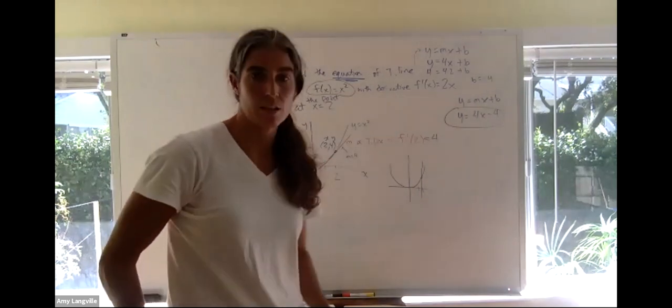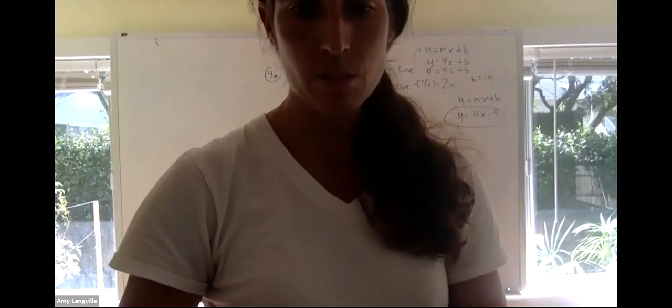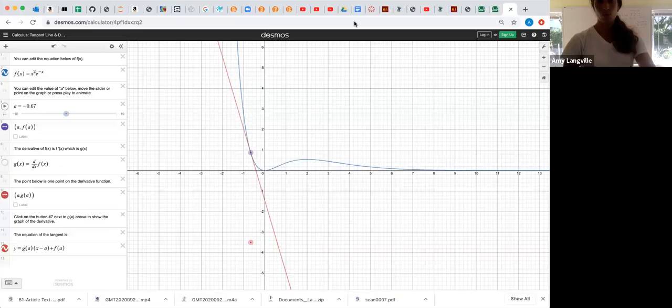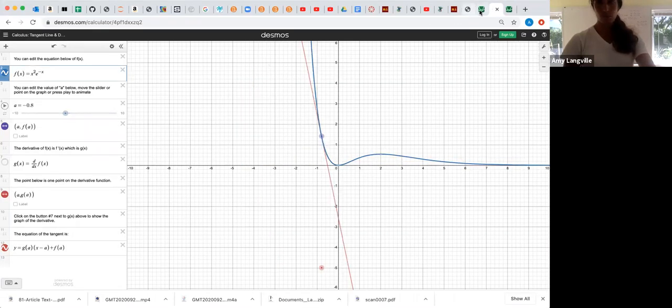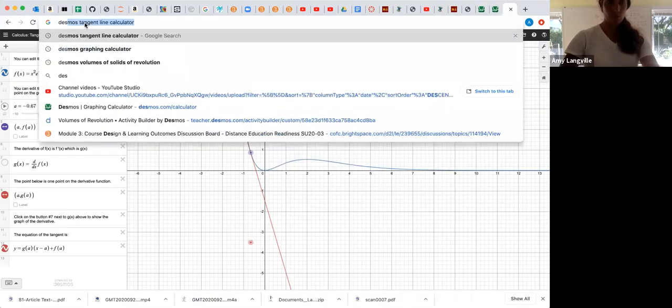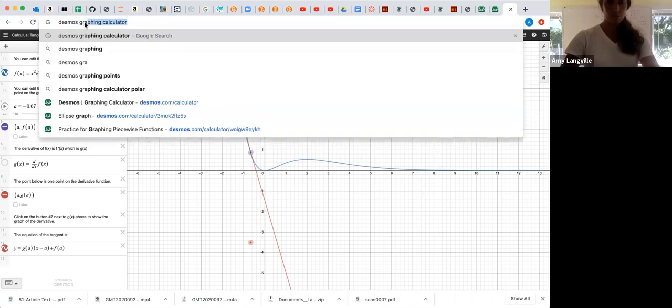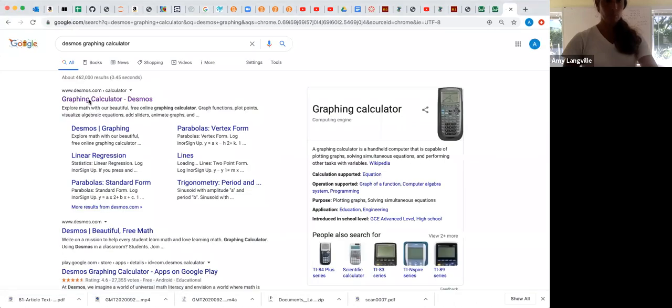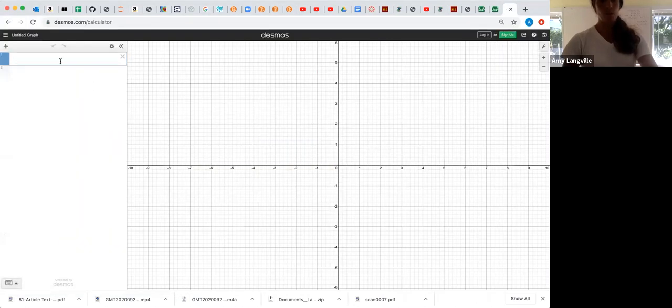So let's just quickly check with the tech tool, share the screen, pick your favorite grapher tool. Let's go back to this Desmos graphing calculator. We'll put in the original function, y equals x squared.